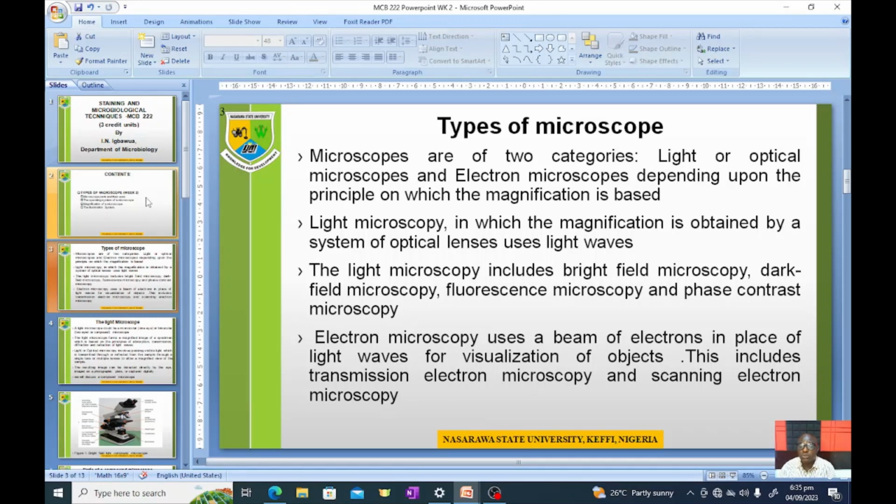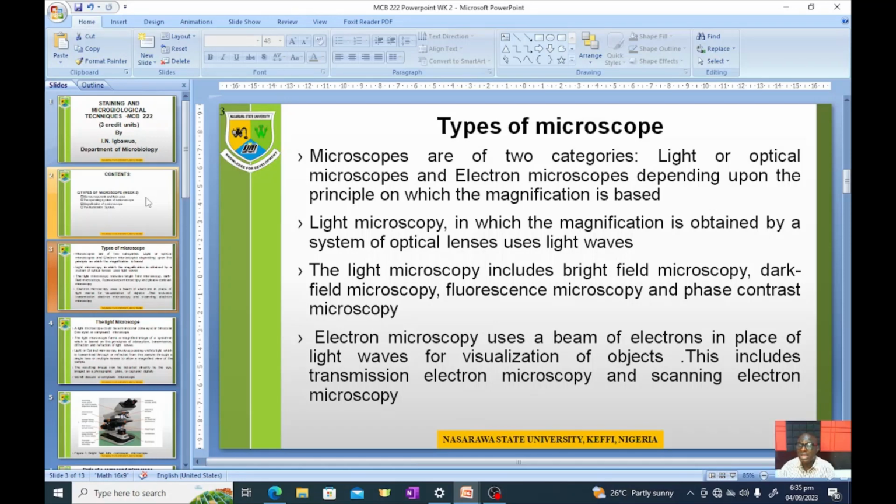The light microscope includes bright field microscopy, dark field microscopy, fluorescence microscopy, and phase contrast microscopy.